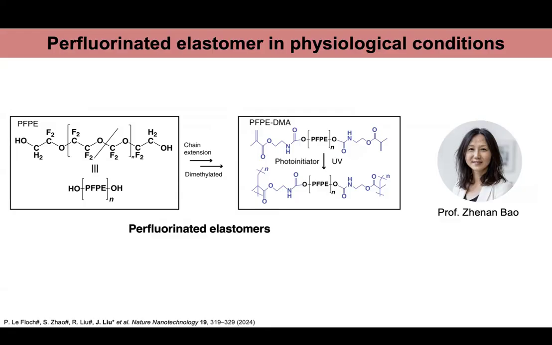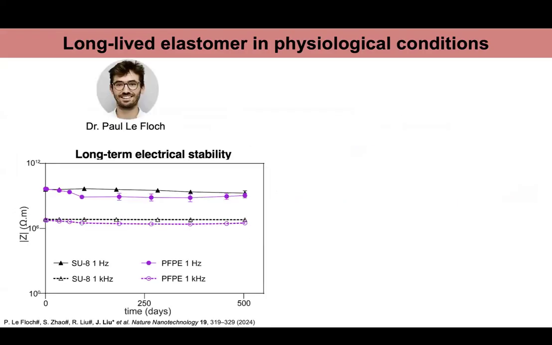From the chemistry perspective, there's only one type of material that can fulfill all these requirements, that is a perfluorinated elastomer, replacing all those hydrogen atoms with fluorine atoms. My previous advisor at Stanford, Zhenan Bao, introduced me to this material, a perfluorinated polyether, and then I had my student test the material in the biofluids over 2 years and compare it to the standard dielectric material that is widely used for the flexible brain-computer interface, SU8.